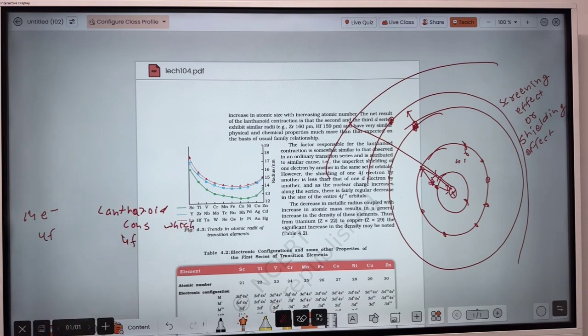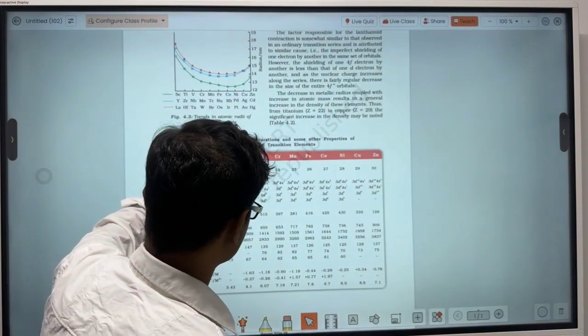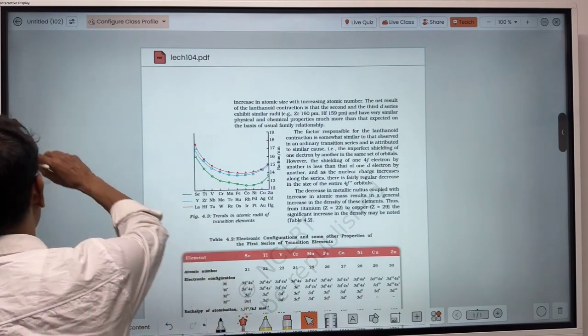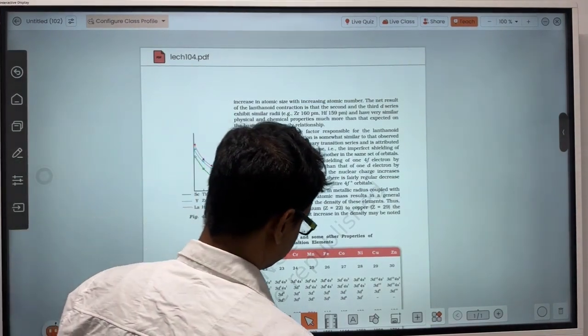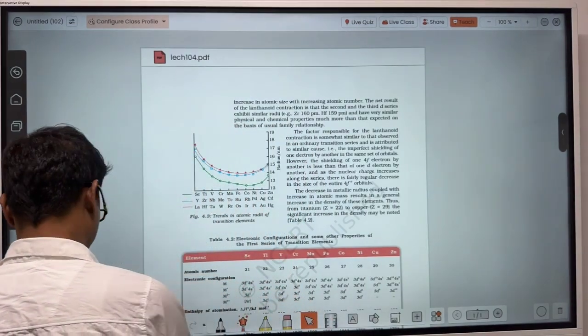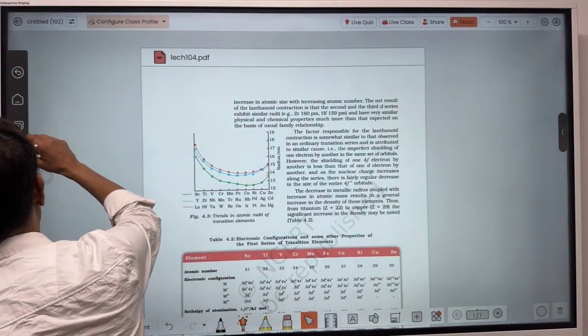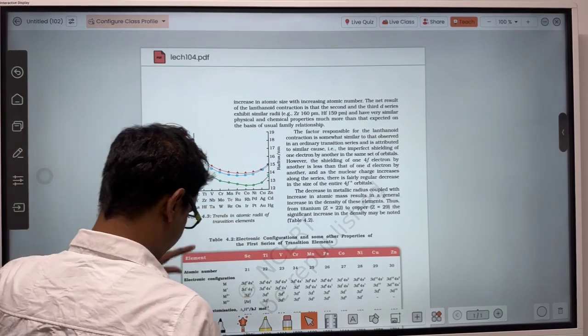That only you will have to write. So from here, one question forms for the 12th board examination, from the previous topic and from this topic.